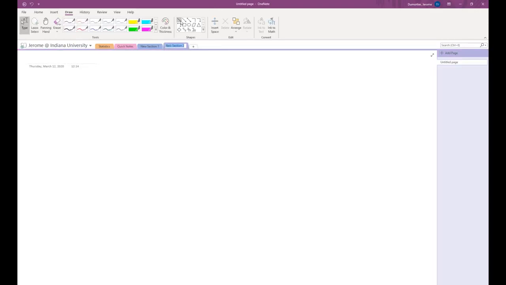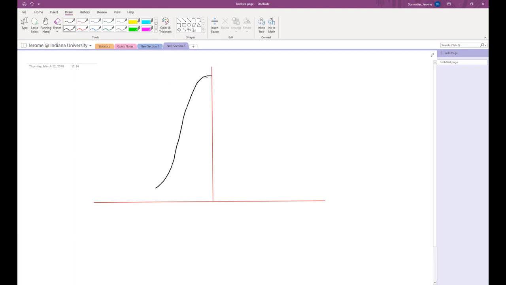Okay. So what this means is the following: that if you want to construct a 95% confidence interval, and you don't know anything about the mean, and you have the t-distribution here.